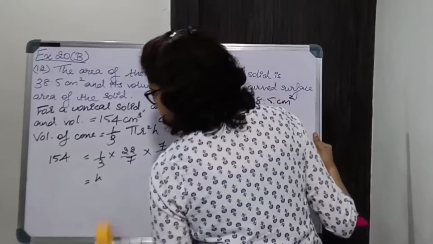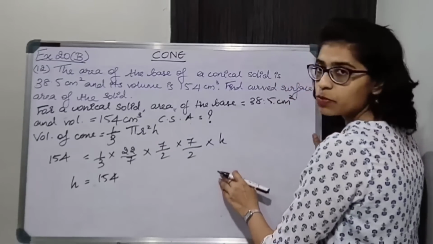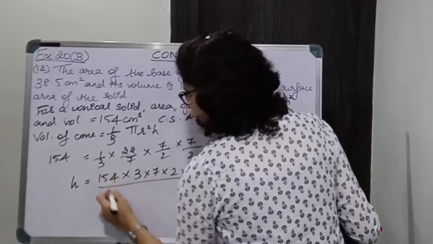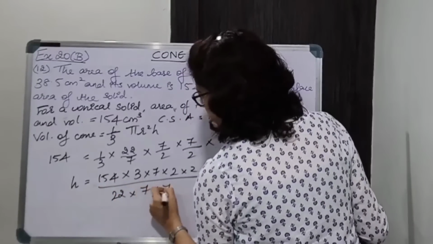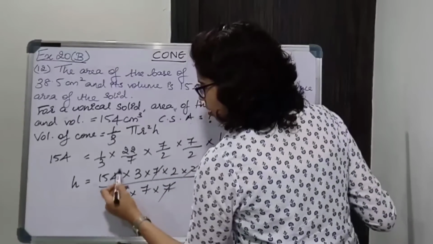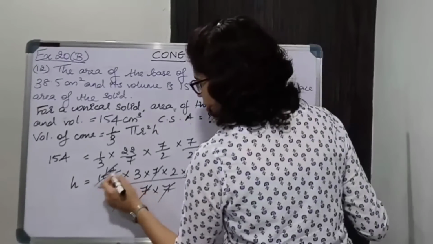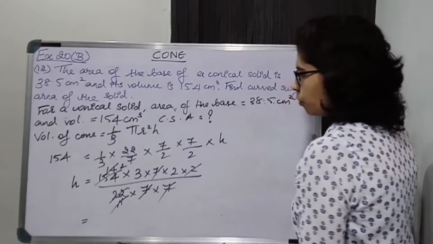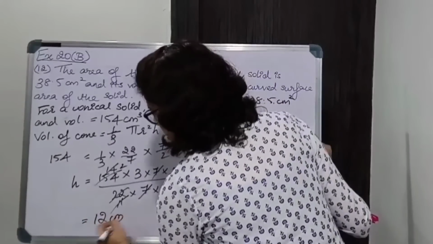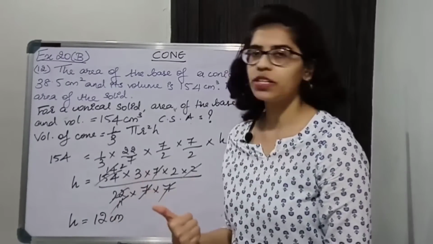ठीक है, so h is equal to 154, all these denominators will become in the numerators, ठीक है, 3 into 7 into 2 into 2 upon, this will become 22 into 7 into 7, 7 7 gets cancelled, 2 11s are 11, 1s are 11, 4s are, okay, 7 2s are, so we are left with 2 into 3 into 2, 2 3s are 6, 6 2s are 12, so it is 12 centimeters, so we got r 7 by 2 centimeter and h 12 centimeter.